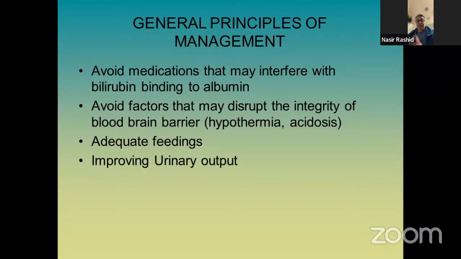So address those issues also, but at the same time, keep paying attention to the bilirubin level. And obviously, if the infant can be fed, like if the kid is not septic or asphyxiated, continue with the feedings, because you'd want to decrease the enterohepatic circulation and improve the urinary output. Next slide, please.